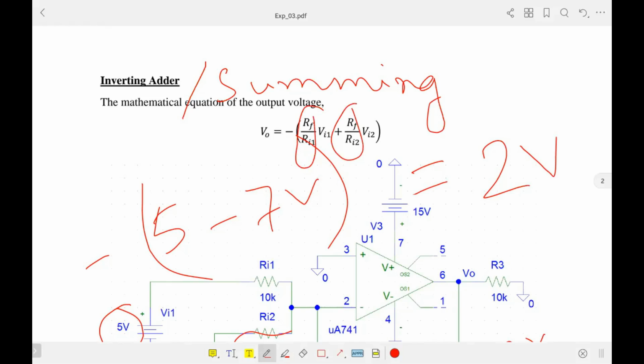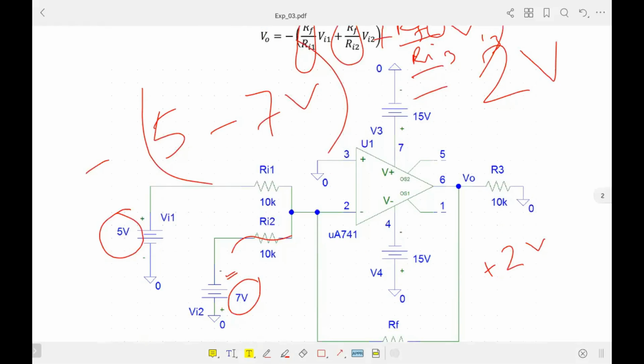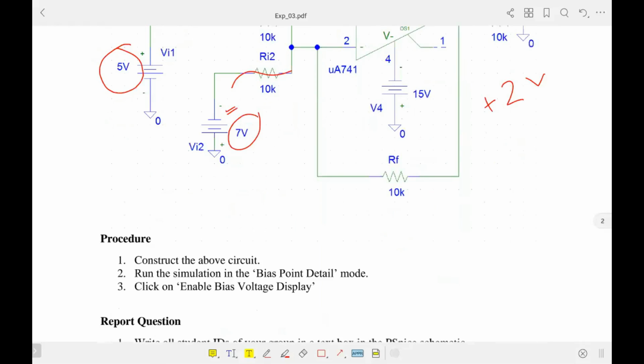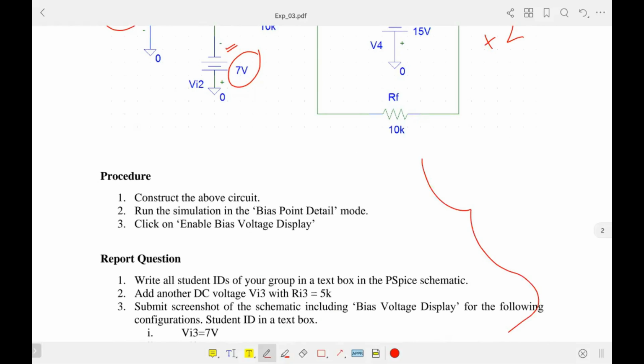If I add another voltage, then the expression should include plus RF divided by RI3 times VI3. So this should be the expression for three voltage sources. This procedure and the report questions I will demonstrate when I show you the demonstration in PSpice, so don't worry.